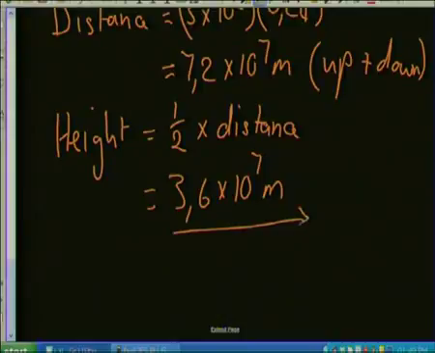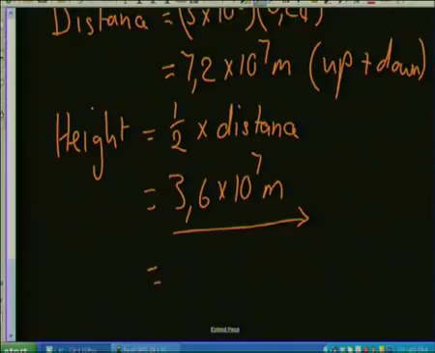Okay, that is huge. That's the height above the Earth. If we divide it by 1,000 to get it into kilometers, that would give us 3,6 times 10 to the 4 kilometers. So it's telling us it's about 36,000 kilometers above the Earth.